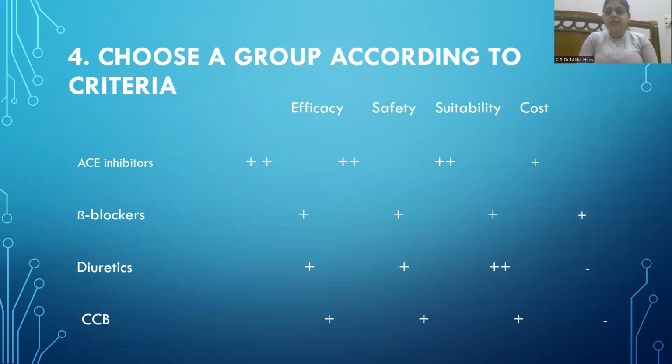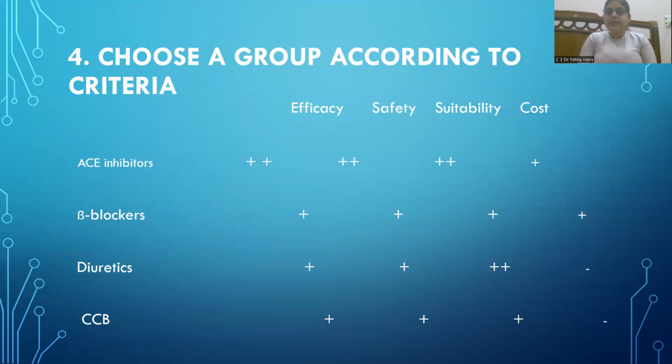In diabetic patients, these ACE inhibitors are very useful. They are renoprotective in nature, so they are used in diabetic disease also. Cost is also fine, that is, it is less costly. Beta blockers, on the other hand, are less efficacious. They cause a decrease in heart rate, decrease in cardiac contractility, and decrease in cardiac output.